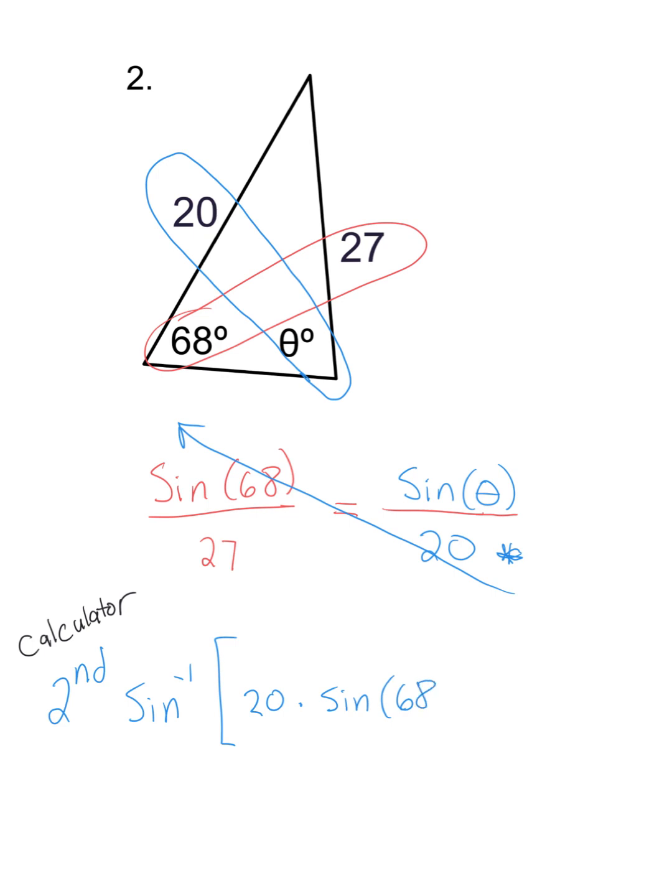Now when we hit sine, it starts a parentheses. You have to remember to end that parentheses to stop this sine before you divide it. So this times this, end that sine parentheses, and then you divide it by 27.